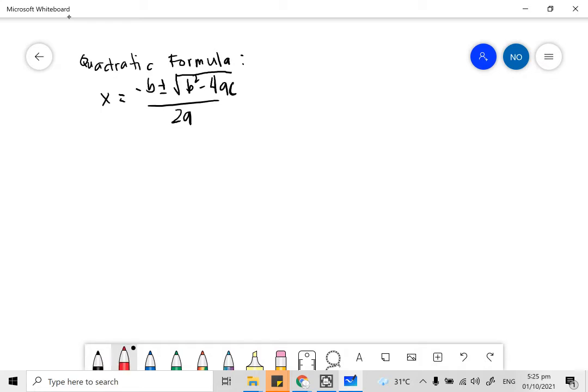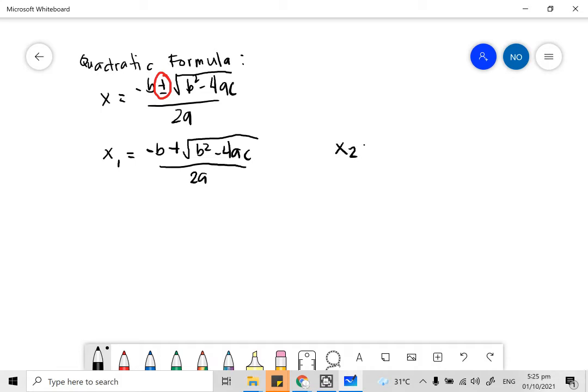Okay, kung titingnan nyo to, plus or minus, ibig sabihin yan, yung isang root natin, let's say x sub 1 be the first root, negative b plus square root of b squared minus 4ac, ayan, and then over 2a, and then the second root po, let's say x sub 2 be the second root, yun yung negative b minus square root of b squared minus 4ac all over 2a.